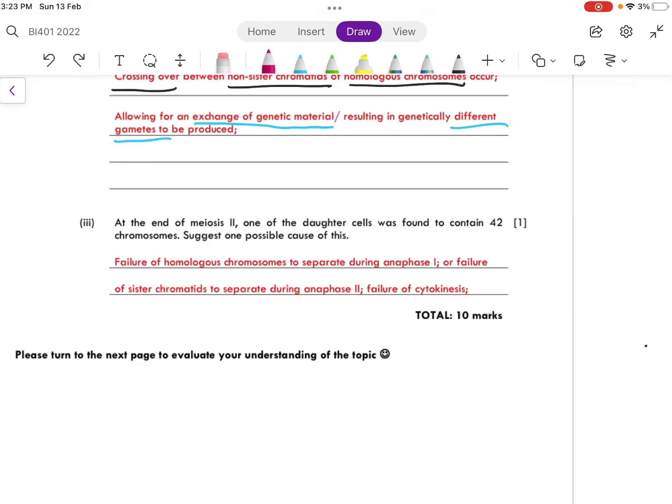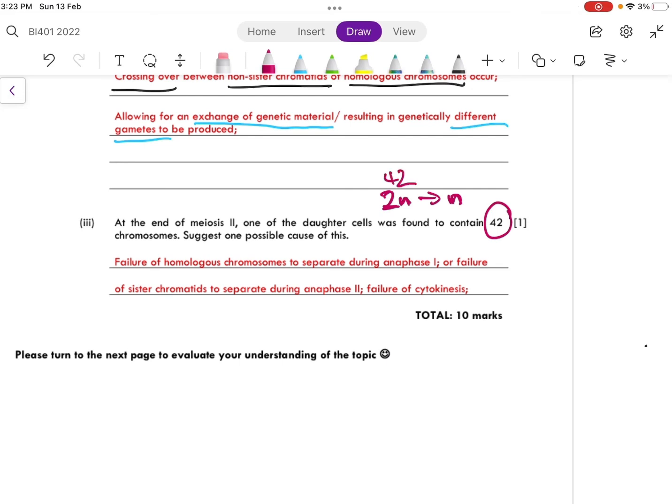Okay, we're at the last question. This particular question says that at the end of meiosis 2, somehow the daughter cell contains 42 chromosomes. It's a bit weird. We know that at the end of the day, the daughter cell should have n number of chromosomes, from 2n becoming n.